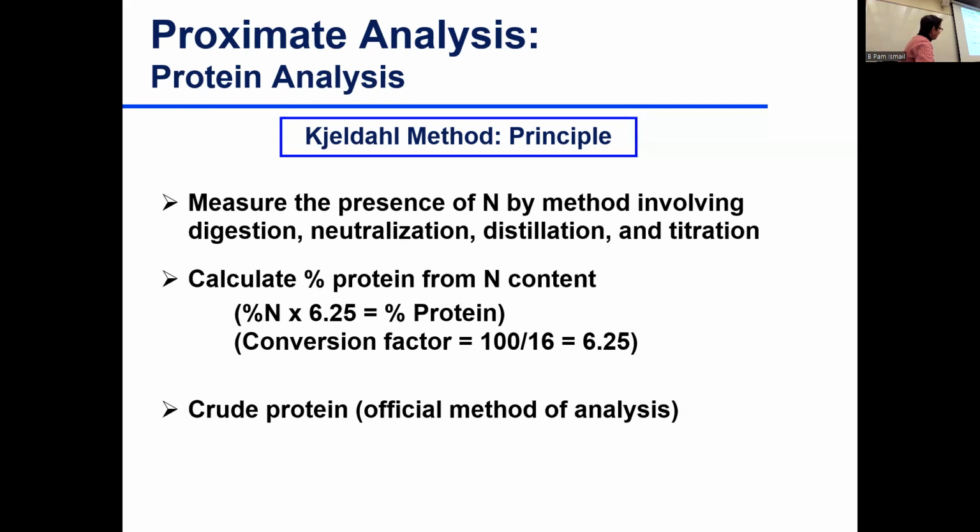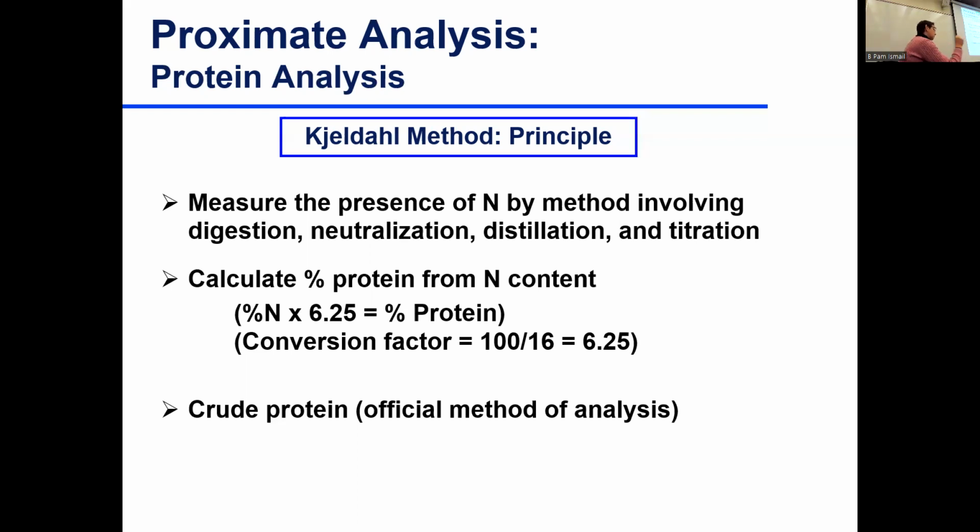Okay, and it's a crude method of detection. I'm thinking that Gary talked to you about what crude means. Do you remember when he introduced proximate analysis? So crude means rough, not accurate, because this method is based on crude determination of total nitrogen, assuming that all the nitrogen is coming from the protein.